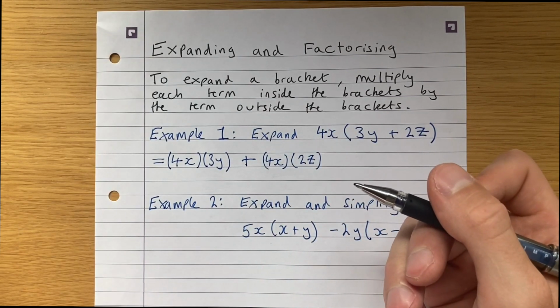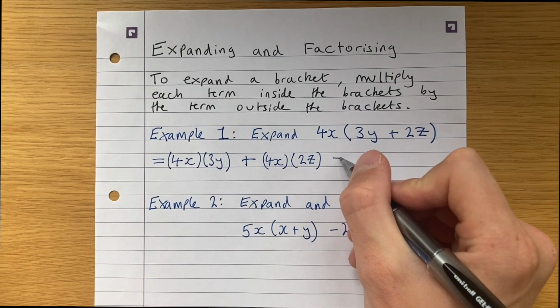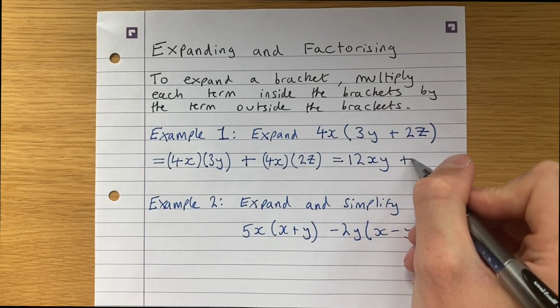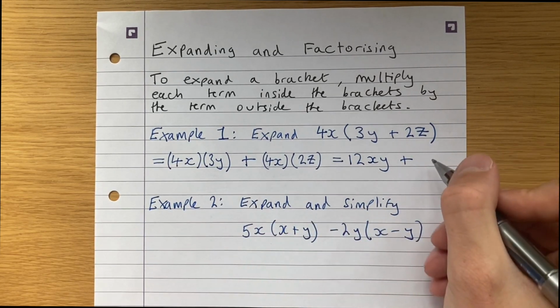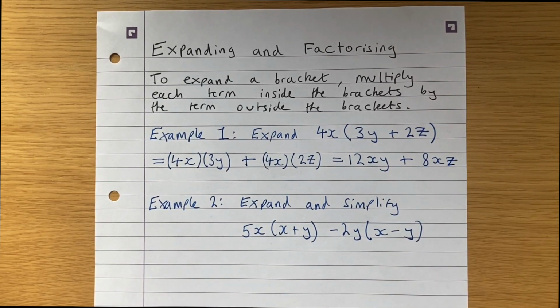And we can simplify this further because we know that 4 times 3 is 12. So we can say this equals 12xy plus, well, 4 times 2 is 8, so we're left with 8xz. And that's the brackets expanded.